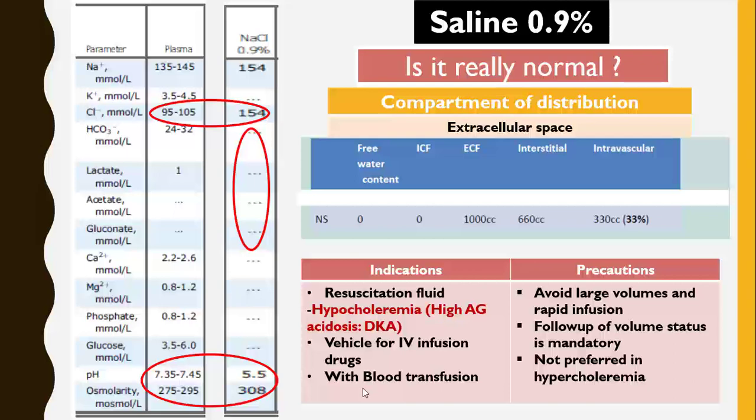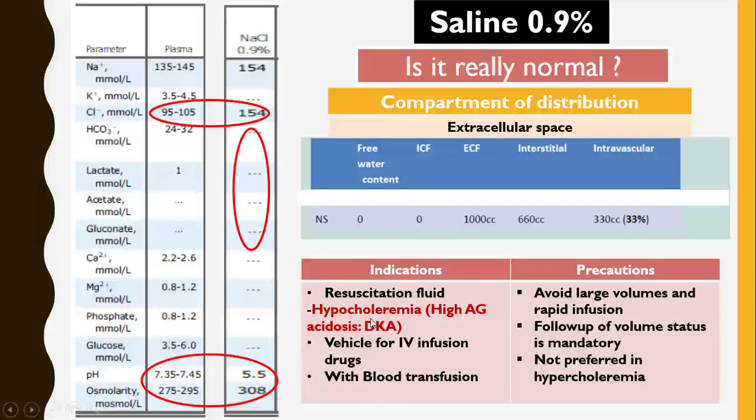But if I infuse the RBCs with a hypotonic solution, the RBCs will swell and rupture and cause RBC hemolysis. So any hypotonic solution is not preferred with blood transfusion.